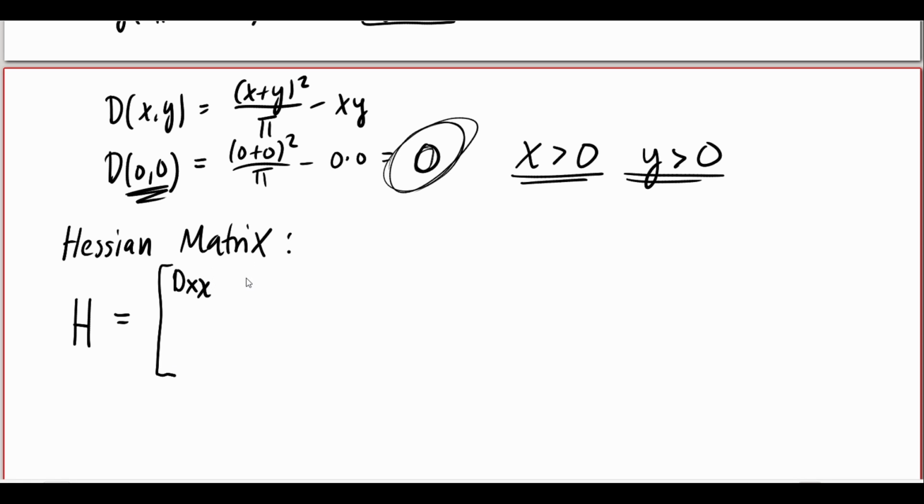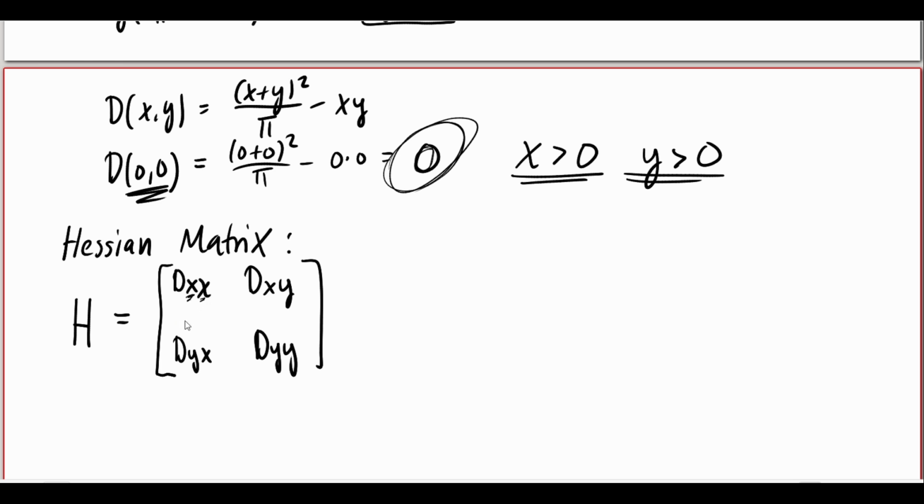So I'm just going to write it out. What it means is that we are computing the derivative of the function d with respect to x first, and then we take that result and compute the derivative again with respect to x.